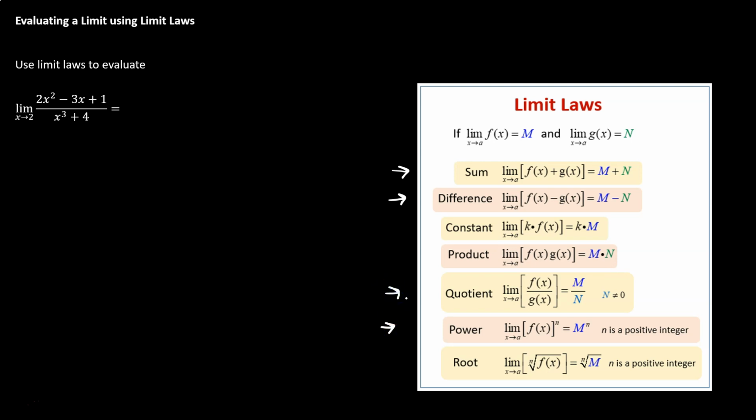So we're going to apply many of these rules, and we're going to apply them somewhat in the order of operations. Because we have a rational expression, the first thing we need to do is separate our numerator and our denominator. So we'll start with our quotient rule. That allows us to apply a limit to the numerator and the denominator separately.